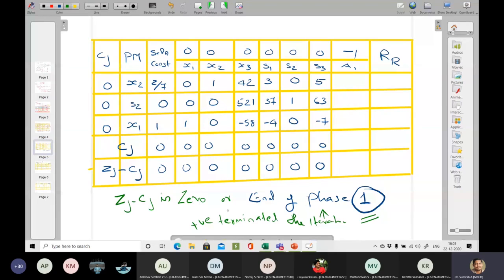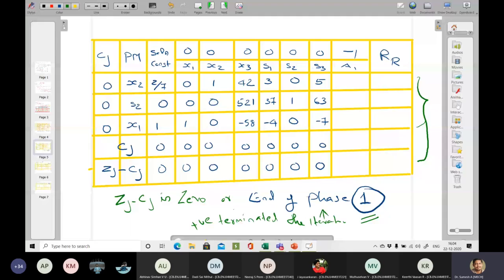Phase 2 will start with the same constraints. Whatever constraint values I have written over here, you need to copy for phase 2. Don't go back to your original problem.